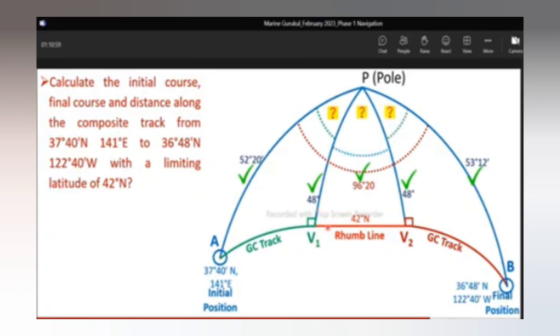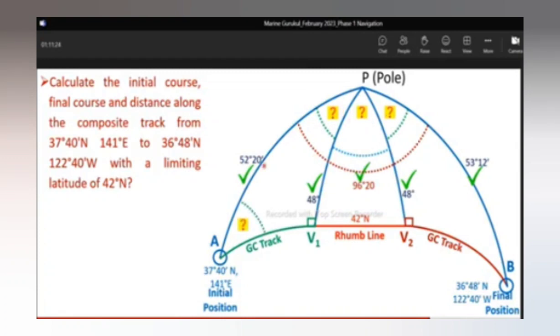We can calculate these angles also. This angle will help us to calculate the longitude of V2, having known the longitude of B. Now, this full angle is known to us, 96 degrees 20 minutes. So this angle can also be calculated. So all these three angles at P, we will be able to calculate.